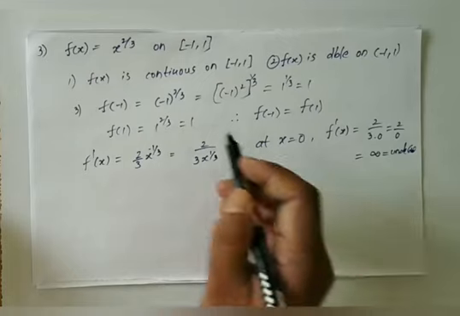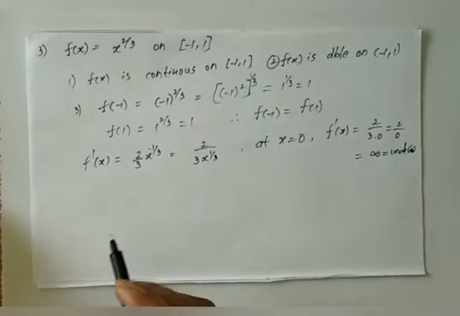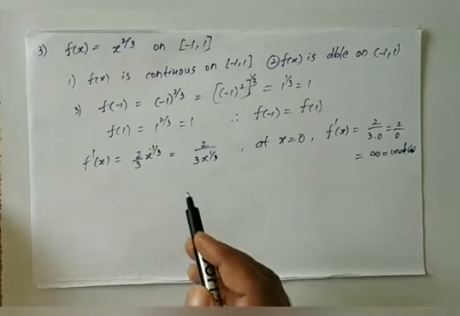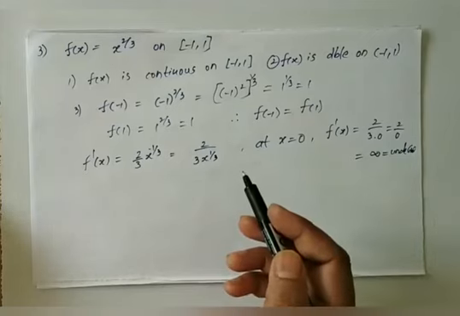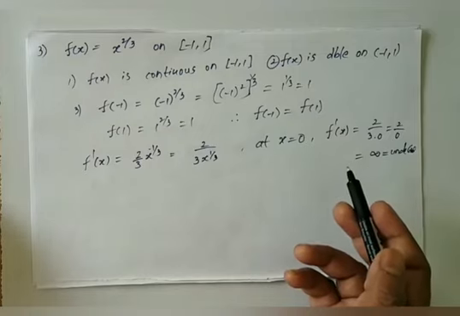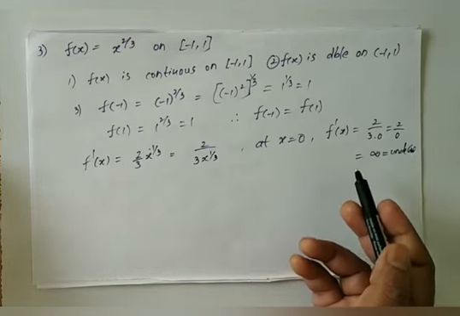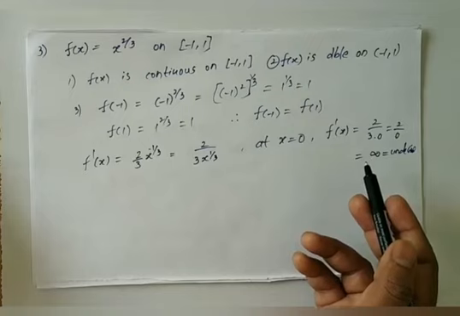So here I am taking 0 in the open interval minus 1 comma 1. Next we have to check the derivative of the function at x is equal to 0. Here f dash of x is undefined, so we can say that f of x is not differentiable at x is equal to 0.